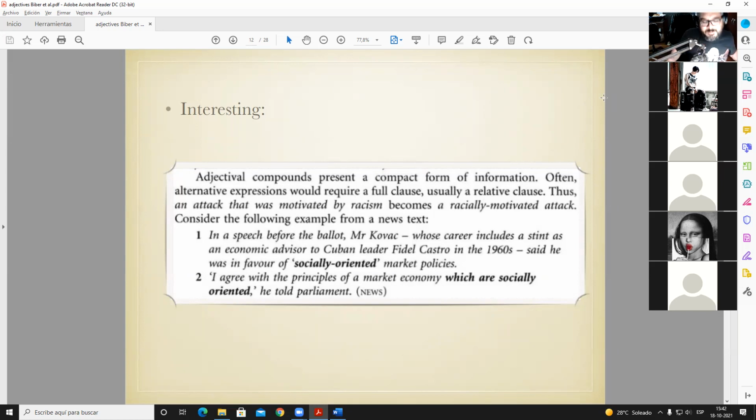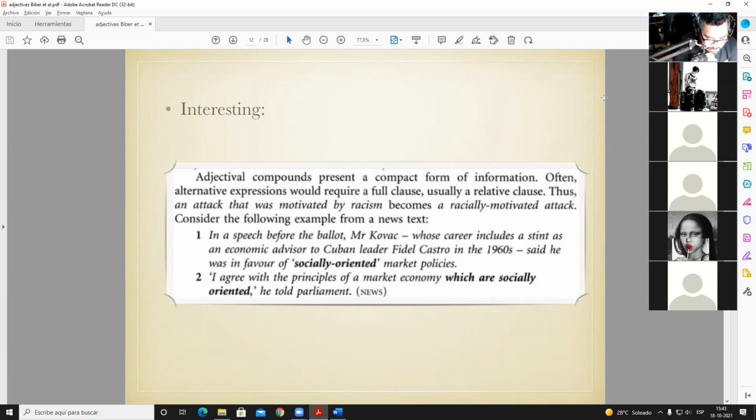Okay, the only interesting thing about this is the fact that language tends to be economic. This is the economy of language. That is to say, we are usually trying to provide the very same information, but using fewer items, less effort. So more information, less effort. Therefore, we can reduce relative clauses, or perhaps even bigger units, I might imagine.